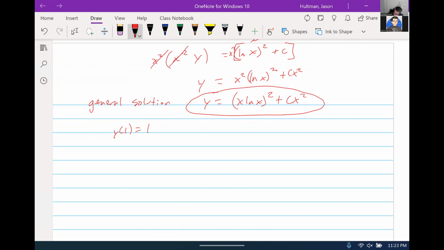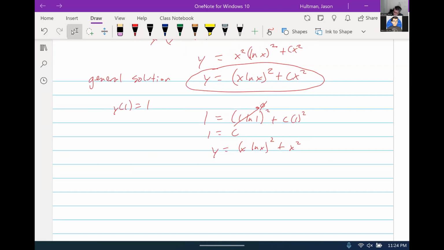So y is 1 when x is 1, that's 1 natural log of 1 squared plus c times 1 squared. So 1 is equal to, well, this thing's just going to go to 0 because the natural log of 1 is 0, plus c times, well, just c. So c is 1. So we get y equals x natural log of x squared plus x squared.